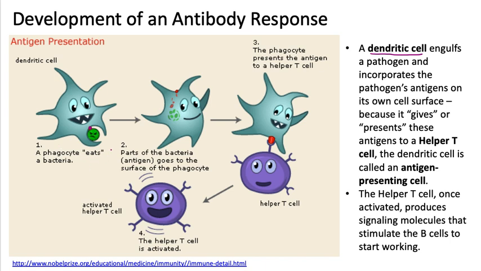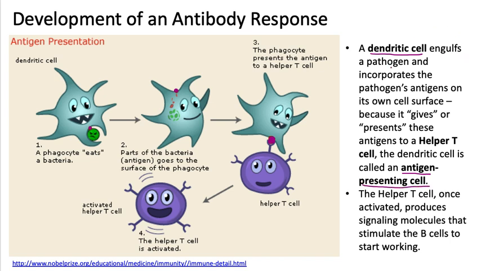So the dendritic cell engulfs and digests the pathogen, and then it takes that antigen and puts it on its own cell surface. It takes that antigen and delivers it to a helper T cell. And because it's delivering this present to the helper T cell, and because this present is an antigen, we call the dendritic cell an antigen-presenting cell.